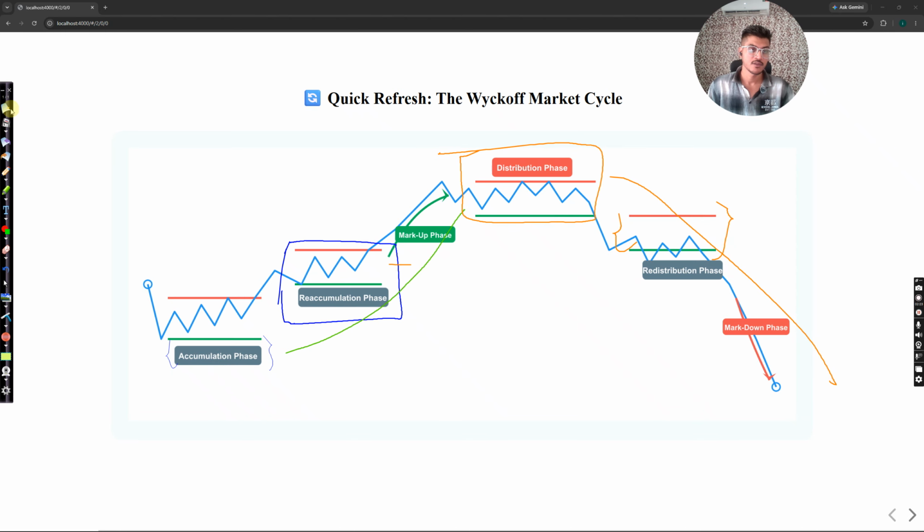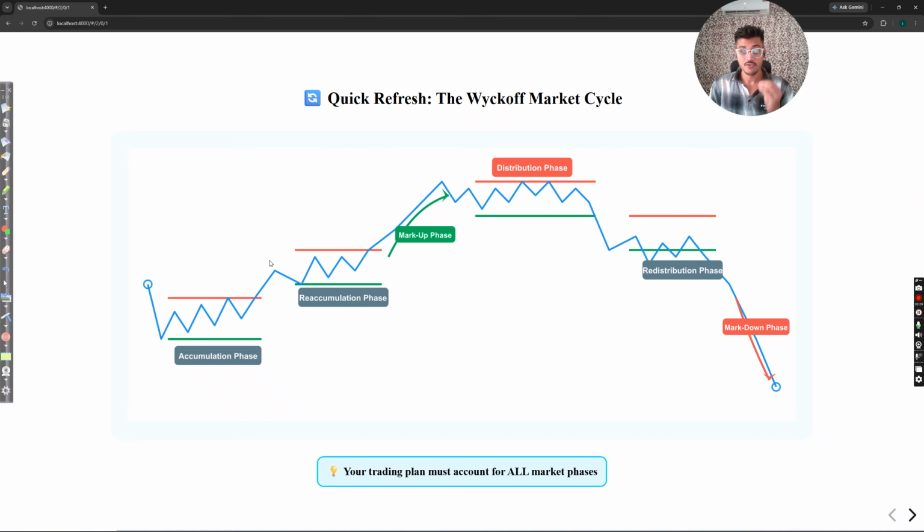Okay, so that's just a quick refresh, because your trading plan must account for all the market phases that we're gonna see. Suppose your trade plan has a trade setup in the accumulation phase, as I'll show you guys. By the way, I actually made a lot of changes to the system, design wise.